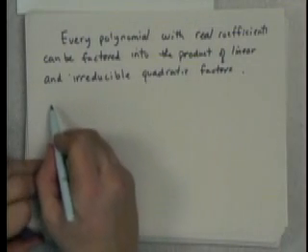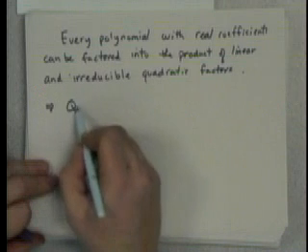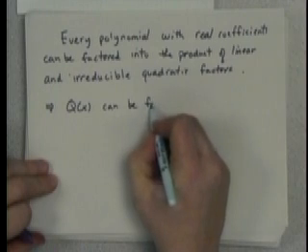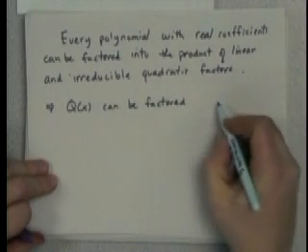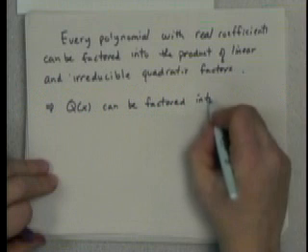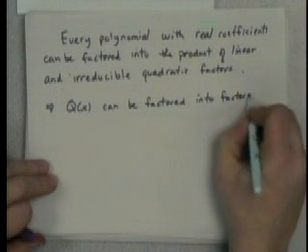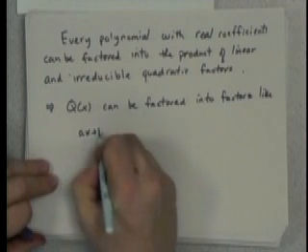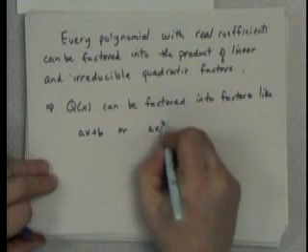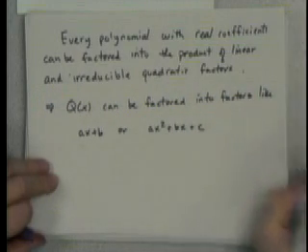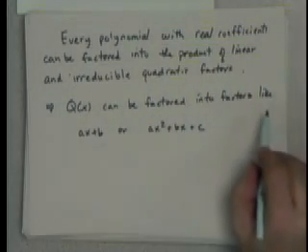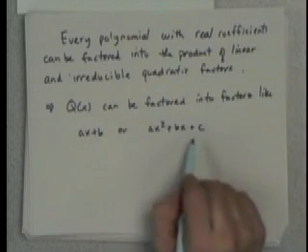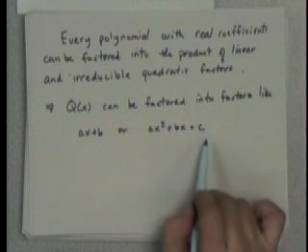So what that means is Q of x can be factored into factors like ax plus b or ax squared plus bx plus c, where this quadratic can't be reduced any farther.